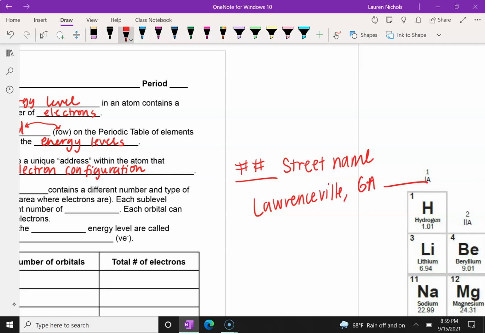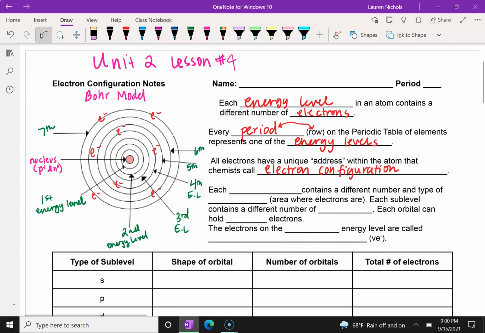I don't actually know the zip code for Lawrenceville, but you've got your specific address, and you might say apartment C or whatever it is, and your mail will get directly to you. Well, that's kind of what the electron configuration is. It's the address that we use to find where that electron should be located.